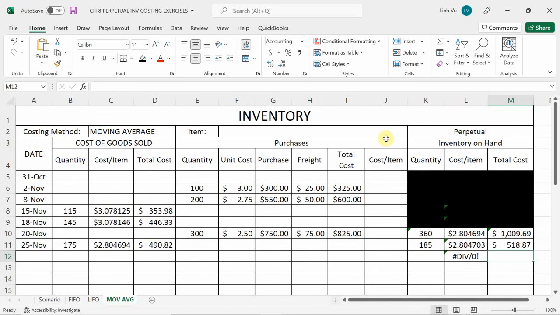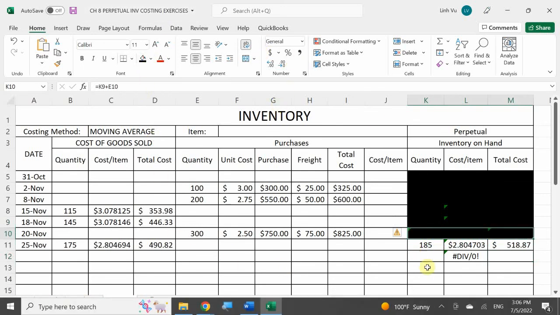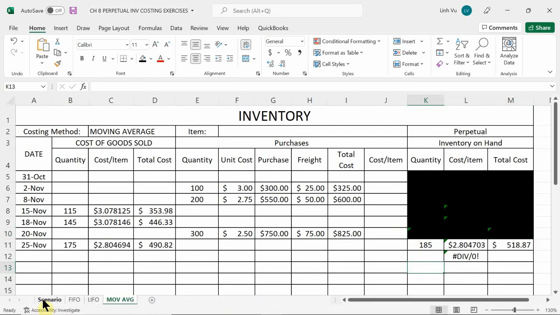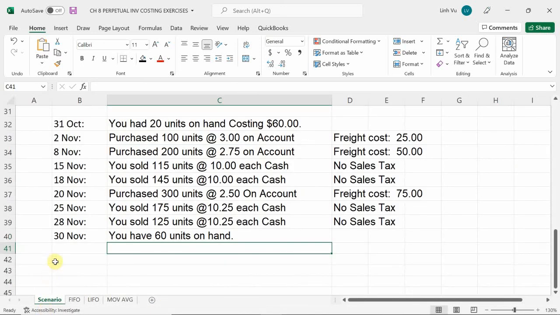So it went up by a hundredth of a penny. Now I have 185 units left available to sell.